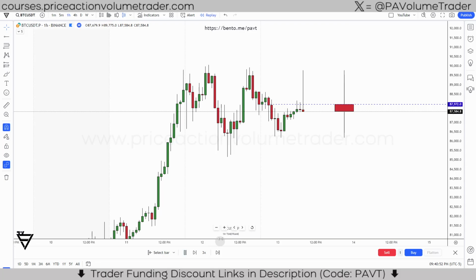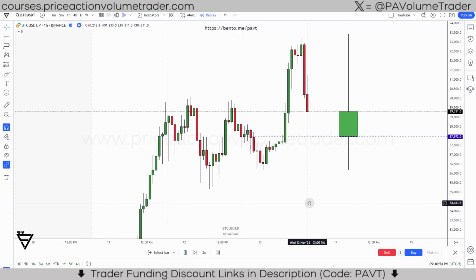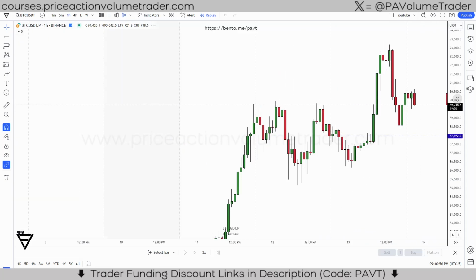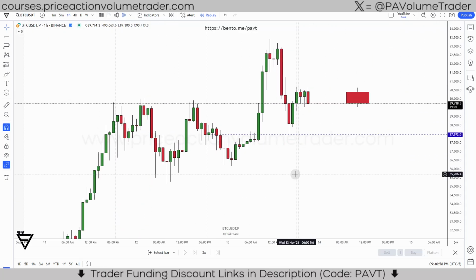So if we just keep going, play, there you can see that was pretty much the candle. We did dip back down almost exactly to the daily open, but we did close the day bullish above these previous highs here.